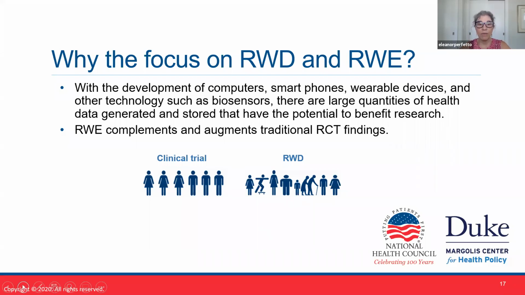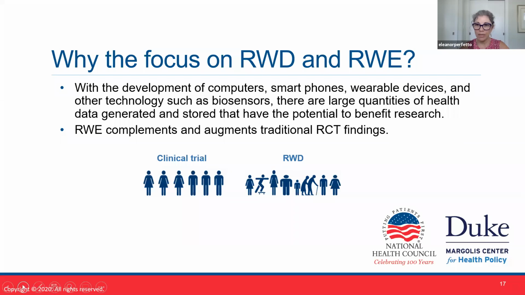So if you think about a randomized controlled trial, you see to the left, in those trials, because they have inclusion and exclusion criteria that help the people who are running the trial to select the patients, they all kind of look the same. They have to all be within a certain age range. They have to have certain characteristics.